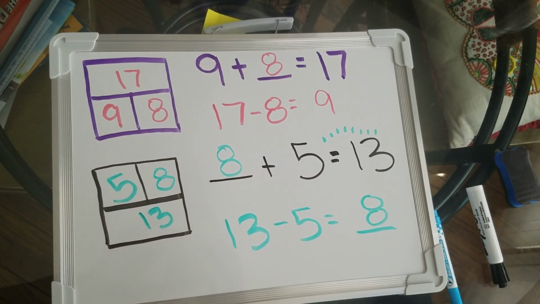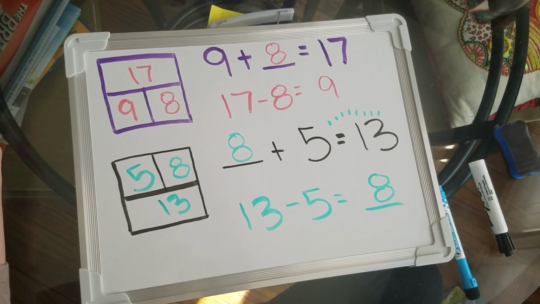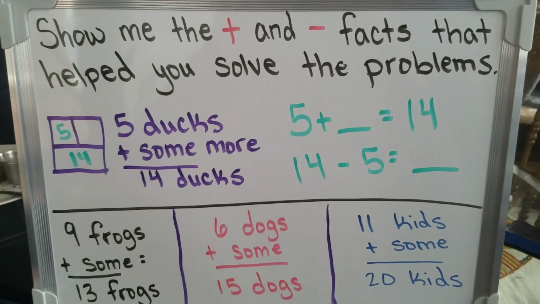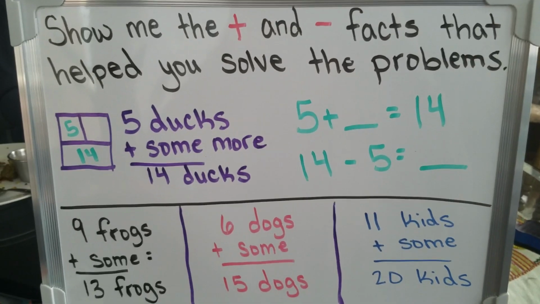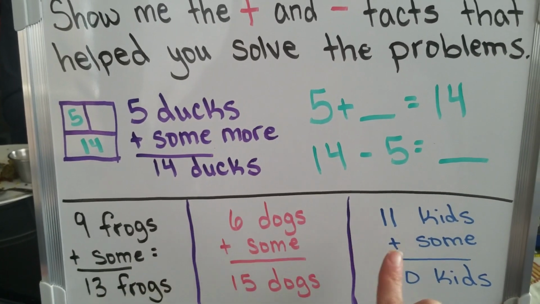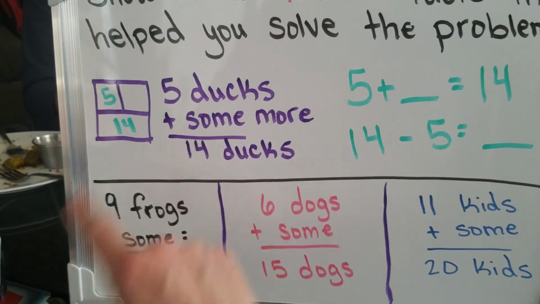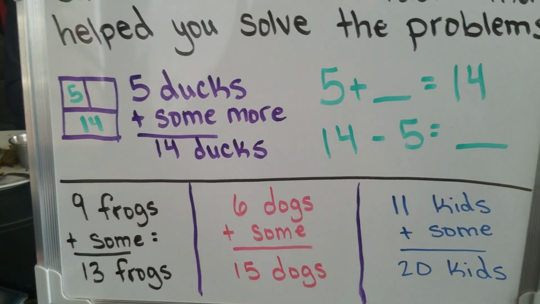All right, the last thing we're going to do is I'll show you the problems you're going to practice. You can solve them and take a picture. Show me the addition and subtraction facts that helped you solve the problems. You have 4 problems. For each problem, I want you to make a part whole box, an addition, and a subtraction.